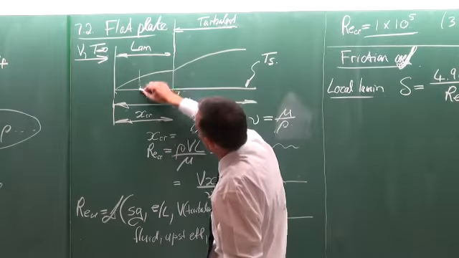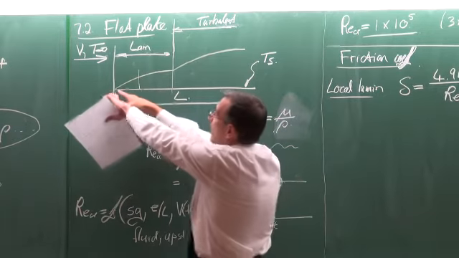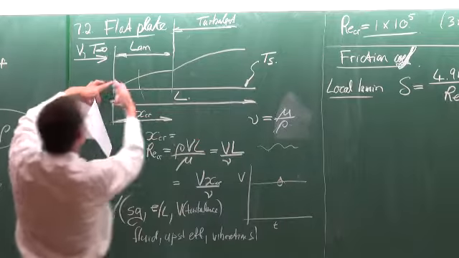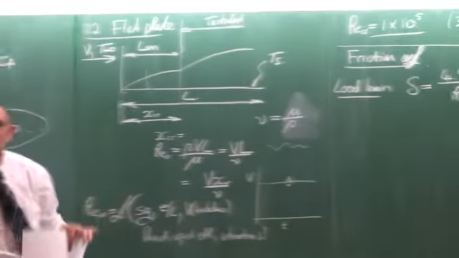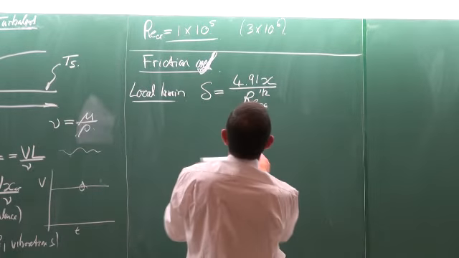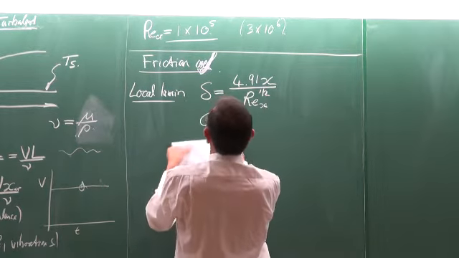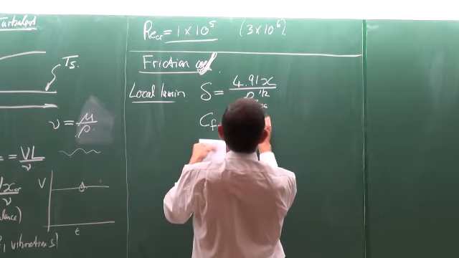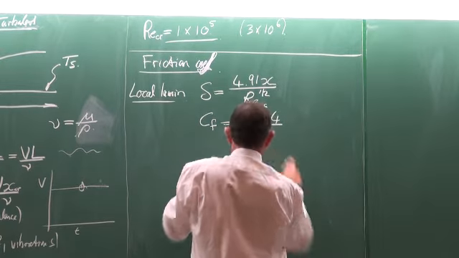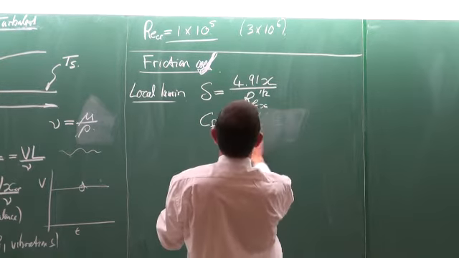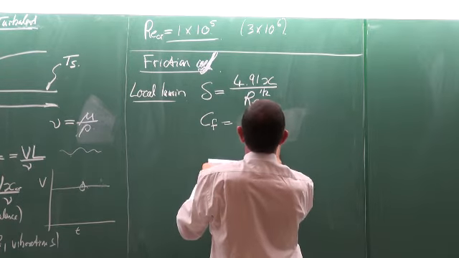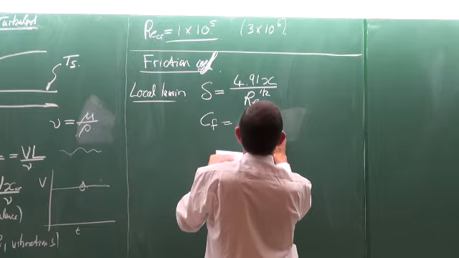If we want to work out the boundary layer thickness here, we have to calculate the local Reynolds number, which will be rho v multiplied by that distance divided by the viscosity. And the friction coefficient CF is equal to 0.664 divided by Reynolds x to the half.